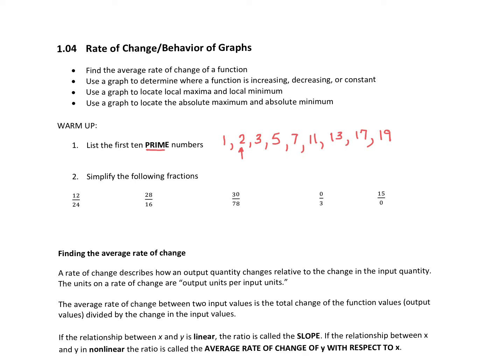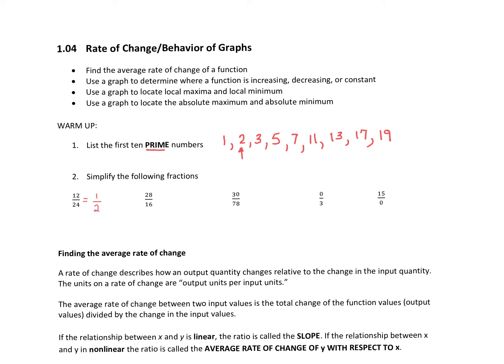We also want to use these prime numbers to simplify fractions. For example, if we're looking at 12 over 24, we know that reduces to 1 over 2.